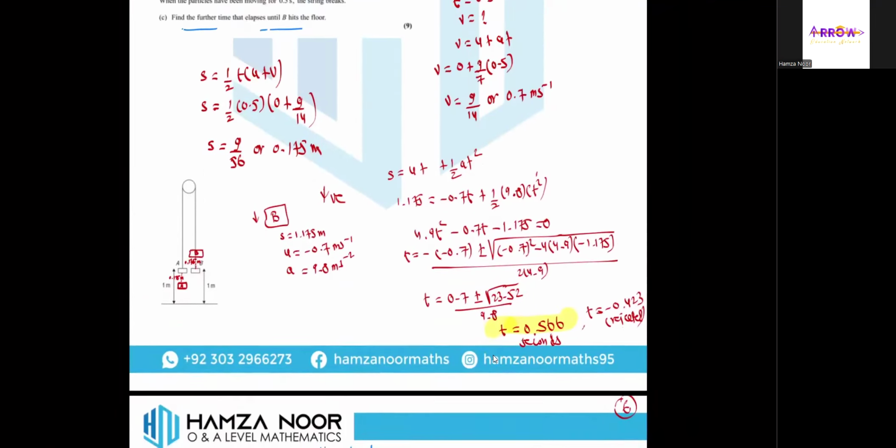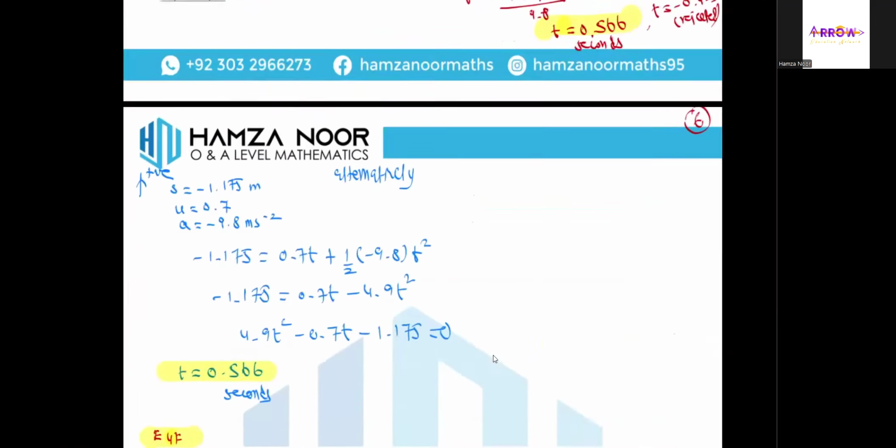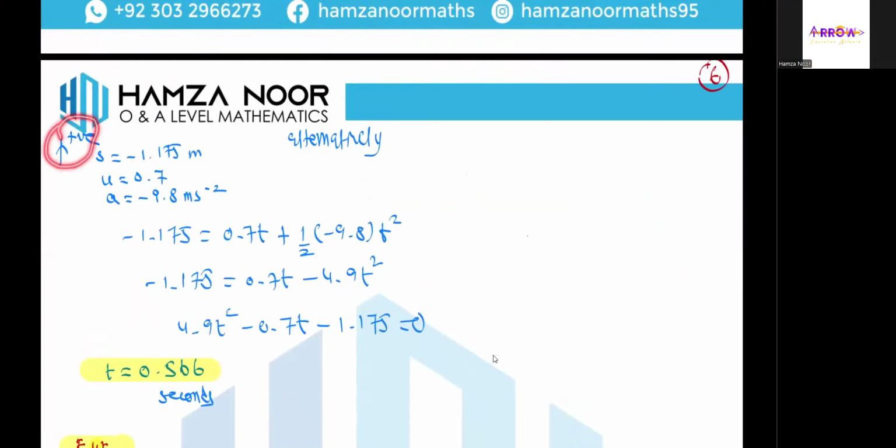Alternatively, if I would have taken the upward direction to be positive, then displacement would be minus 1.175 meters and initial velocity would be 0.7. And acceleration due to gravity would be minus g.